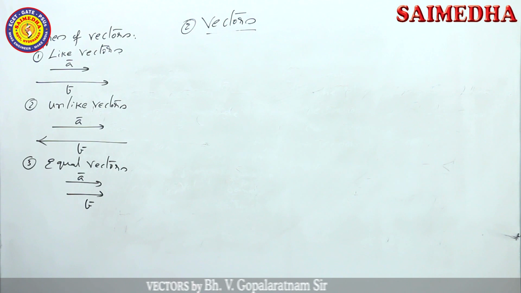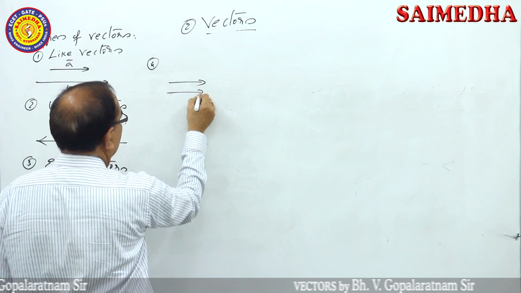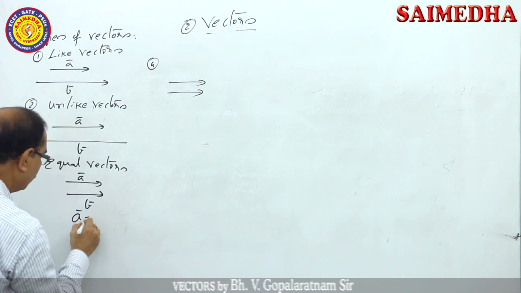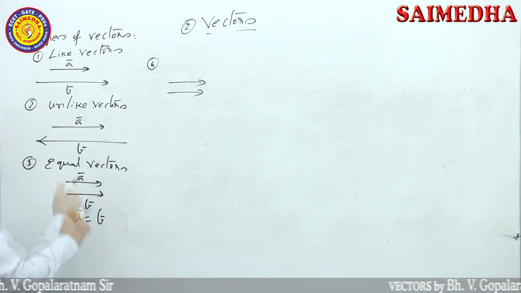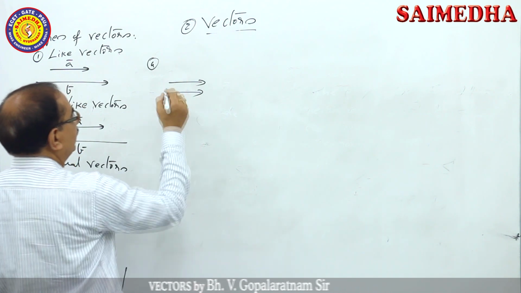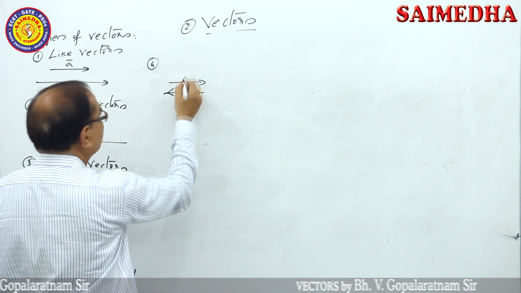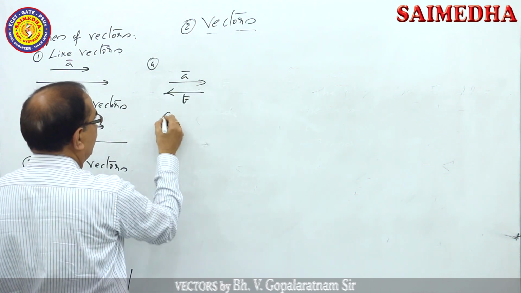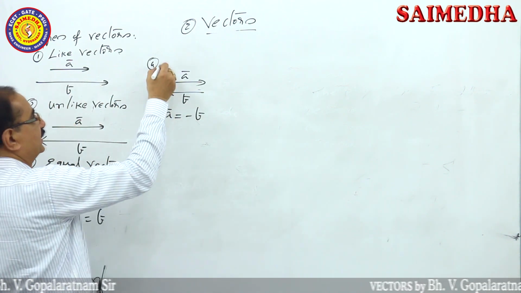A is equal to B, A is a vector, B is a vector. Here two vectors have the same magnitude but opposite direction: A is equal to minus B. They are opposite vectors, opposite in direction.